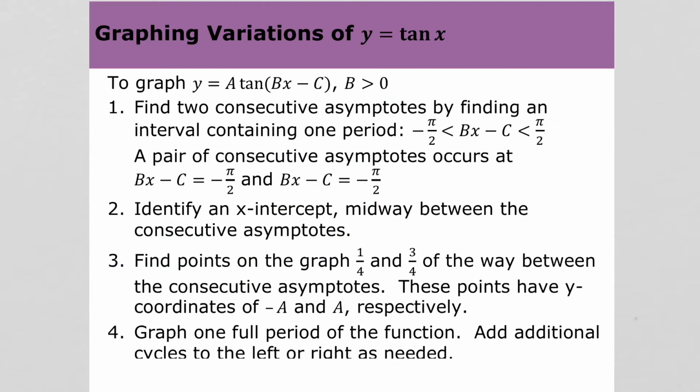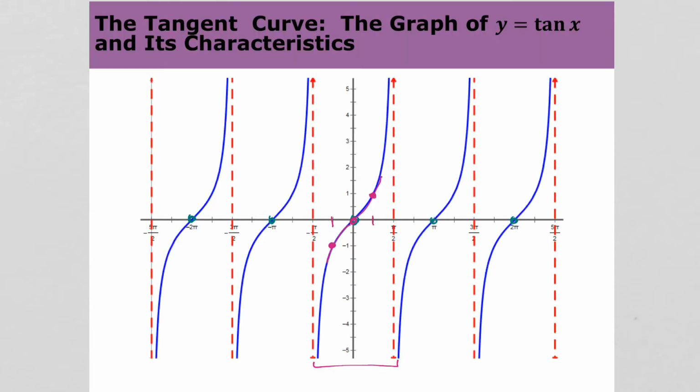And then find the 1/4 and 3/4 points. The 1/4 point is halfway between the left-hand asymptote and the point of inflection, and the 3/4 point is halfway between the point of inflection and the right-hand asymptote.